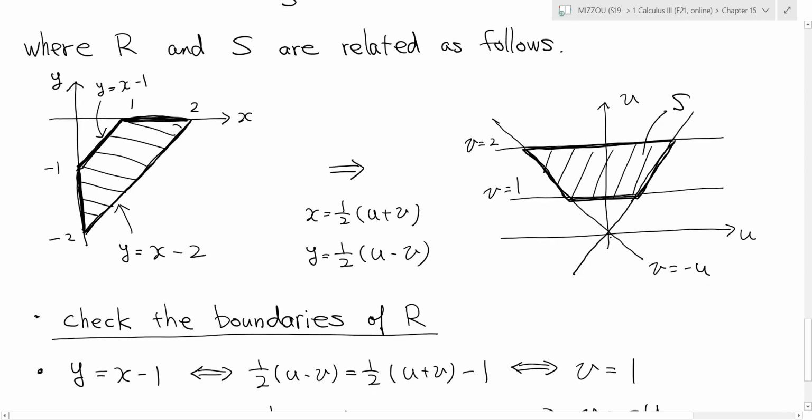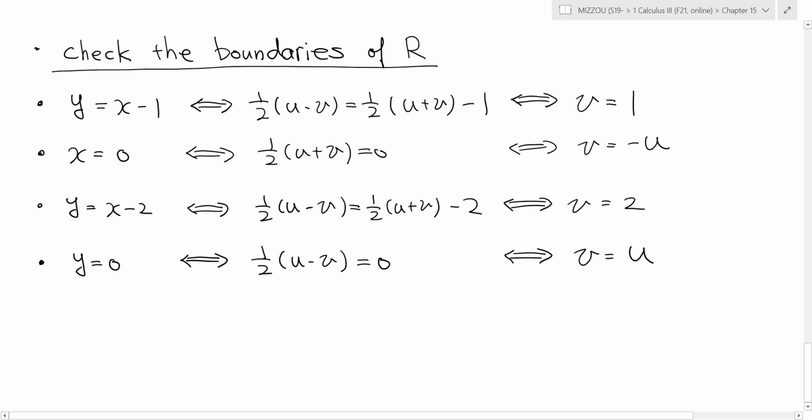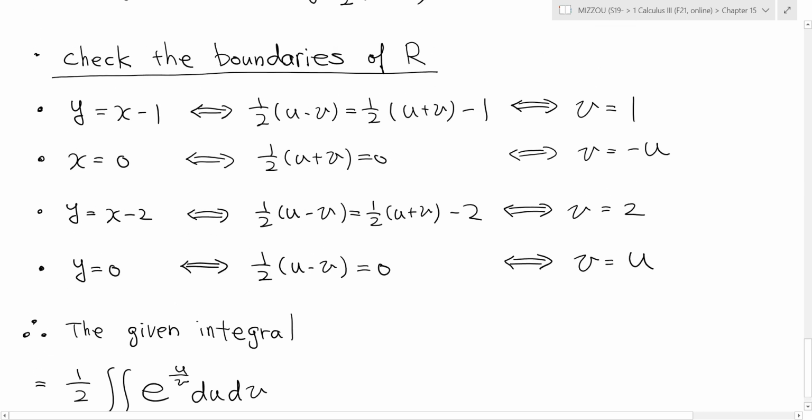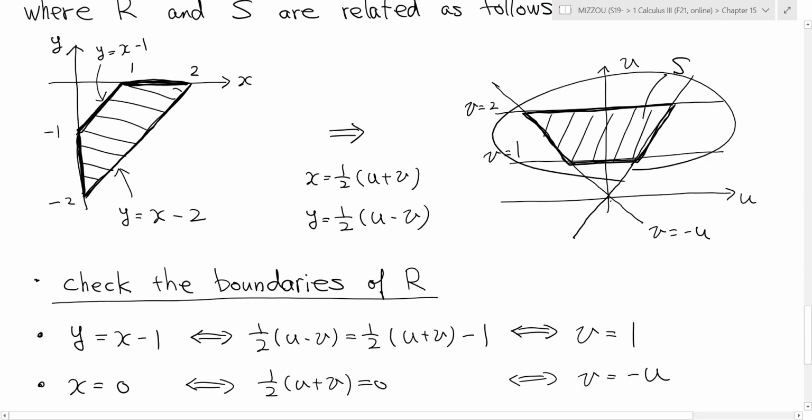All right. So the upshot is the given integral is written as 1/2 double integral e to the power of u over v du dv over S, where S is this. Let me copy it here.